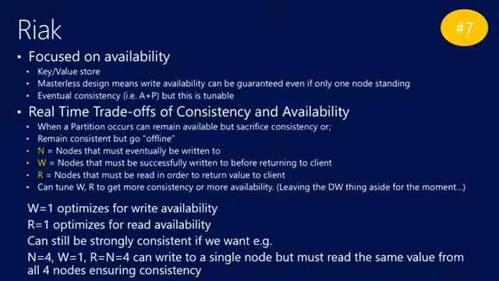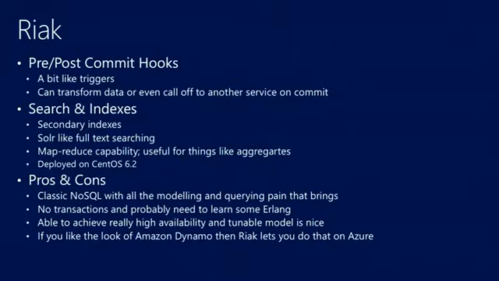If we've got 4 nodes and we set W to 1, as long as we set R to N, we're always going to read all 4 nodes. Unless we get a consistent answer from all 4 nodes, we're not going to return to the client. Therefore, we ensure strong consistency while still assuring really strong write availability. And often that's what Riak is used for, to optimize for write availability.